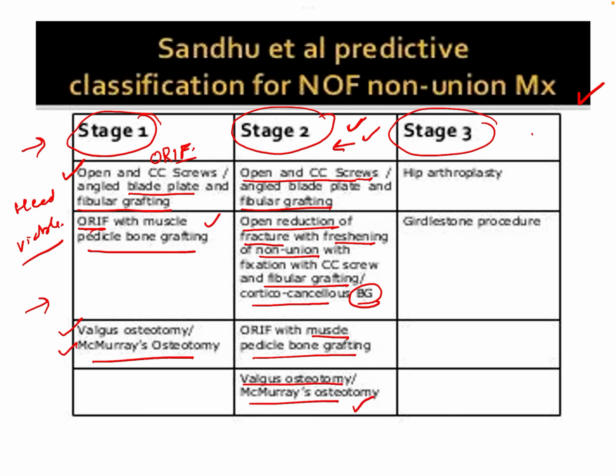In stage 3, the AVN has set in, so there is no point in preserving the head of femur. So we go for replacement. We either go for hip arthroplasty very commonly, or in some cases we can go for excision arthroplasty known as Girdlestone procedure.